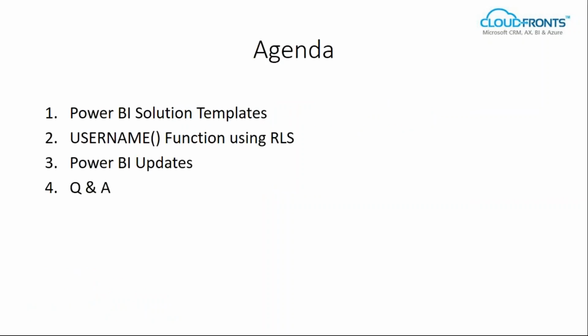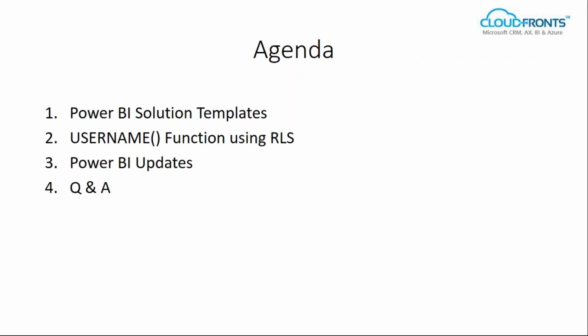So let's have a look at the agenda for today's webinar. We'll be having a quick look at what is Power BI solution template. We'll have a demo on how to connect Scribe and CRM Online and get the data working into the Power BI. Then we'll have a look at the RLS, that is the row level security function of Power BI.